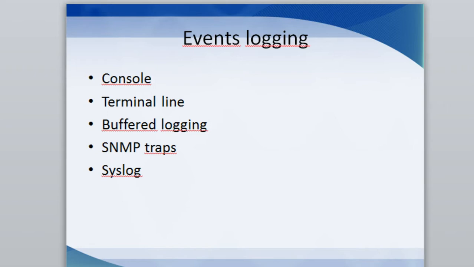Like console, their output can only be seen on the terminal line if it's a terminal line, or in the console line if you're in console, and both of these types of logging are not stored. They appear but are not registered anywhere.